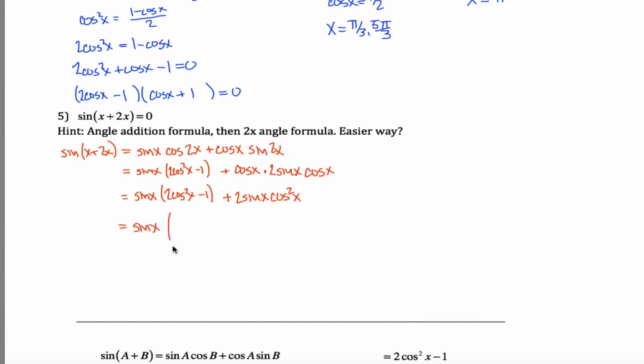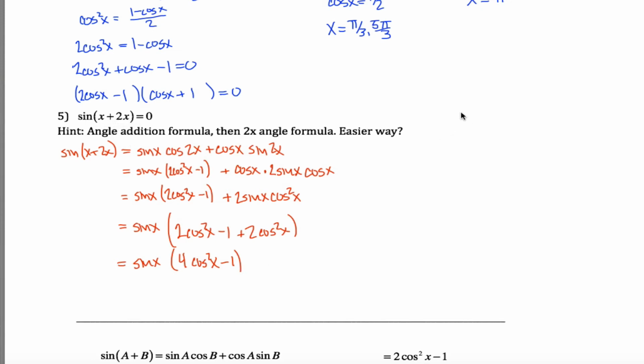If you factor out a sine of x, what you have left over in this term is 2 cosine squared x minus 1. And what you have left over in this term is 2 cosine squared x. So what I got is sine of x times 4 cosine squared x minus 1. This is all just the left-hand side of the equation that I've been working with, right?